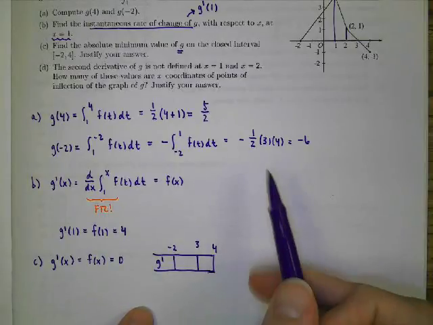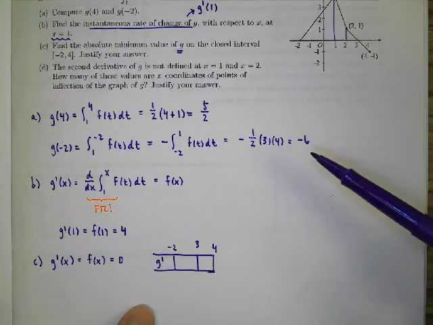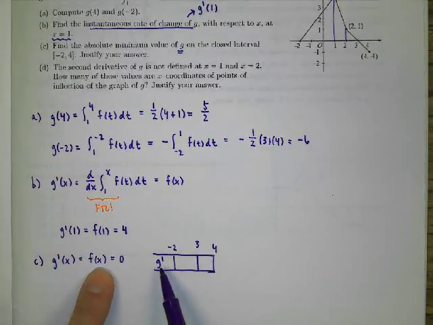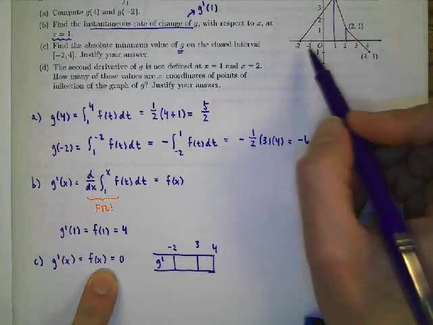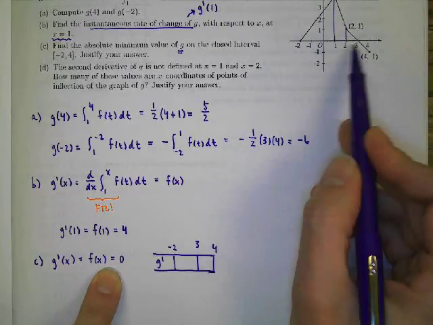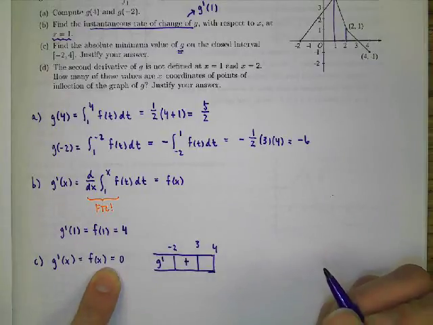Now, if I'm looking for a minimum, I'm looking to see where my graph changes from negative to positive, where g prime, which I know is f, is positive wherever f is above the x-axis. So that tells me from -2 to 3, that's going to be positive.